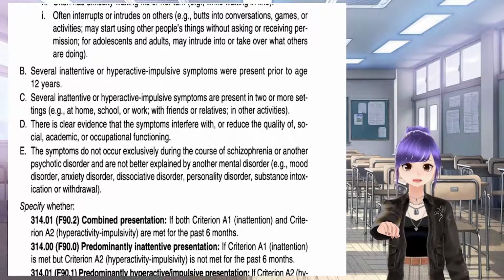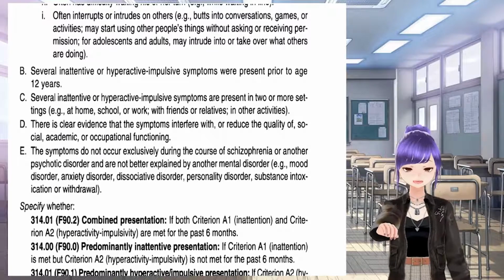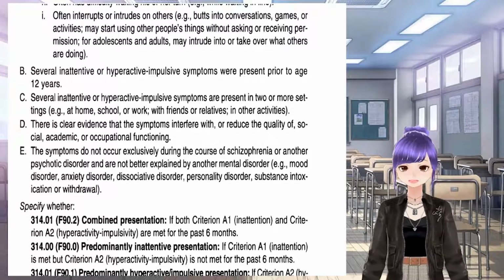Also, there is clear evidence that symptoms interfere with or reduce the quality of social, academic, or occupational functioning. And symptoms do not occur exclusively during the course of schizophrenia or other psychotic disorder and are not better explained by another mental disorder. So, I have already mentioned the specifiers: combined, predominantly inattentive, and predominantly hyperactive or impulsive.